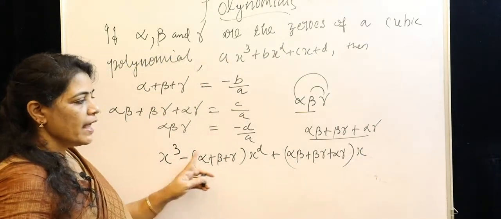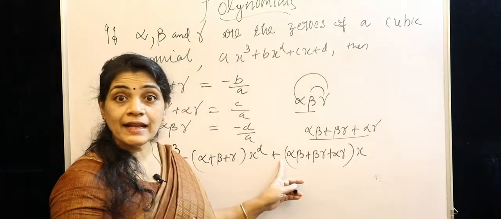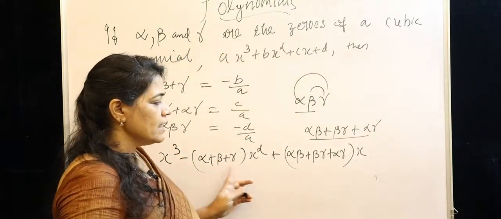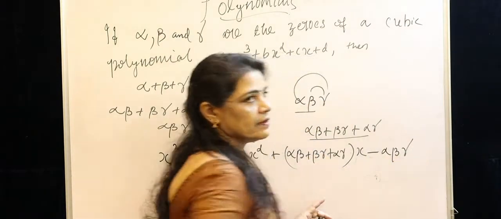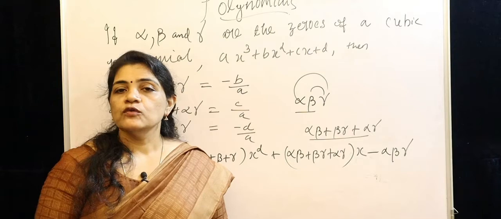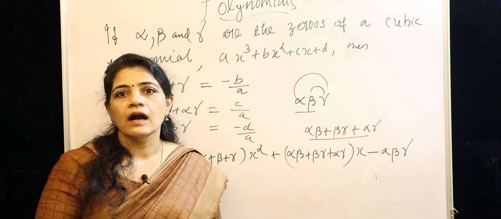So x cube, x square and x term. Next comes, here the sign will be negative, that is alpha beta gamma. This is the way to form a cubic polynomial if we know alpha, beta and gamma.